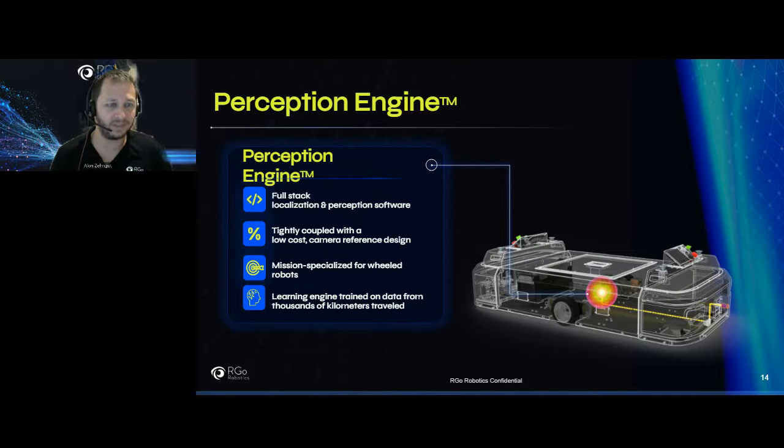About the product itself, the perception engine, what it is: it's a full stack solution. It stands for localization and perception software that is tightly coupled with a low-cost camera and reference design.